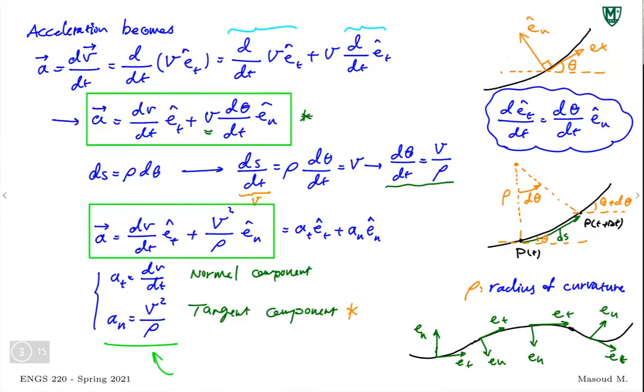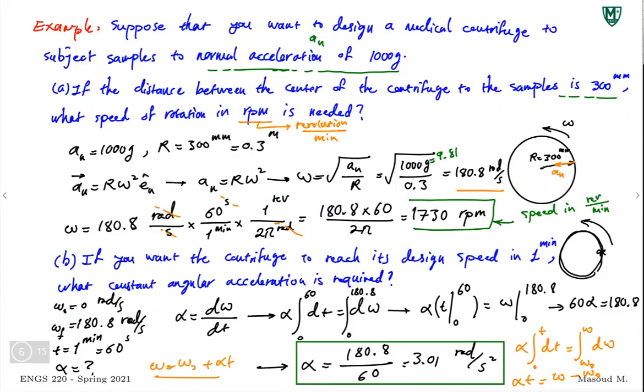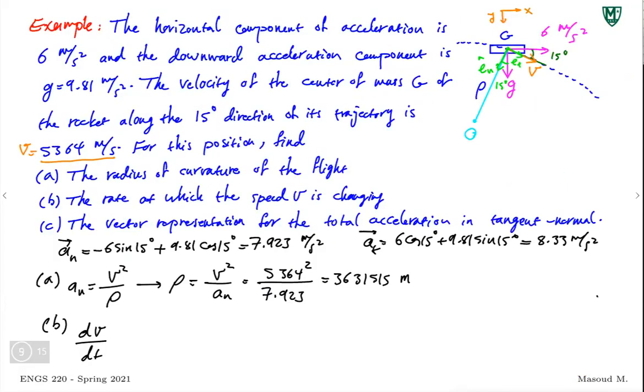If I go back, dv/dt right there is a_t. I know what a_t is. I found a_t; it is 8.33 meters per second squared. So that's part B.